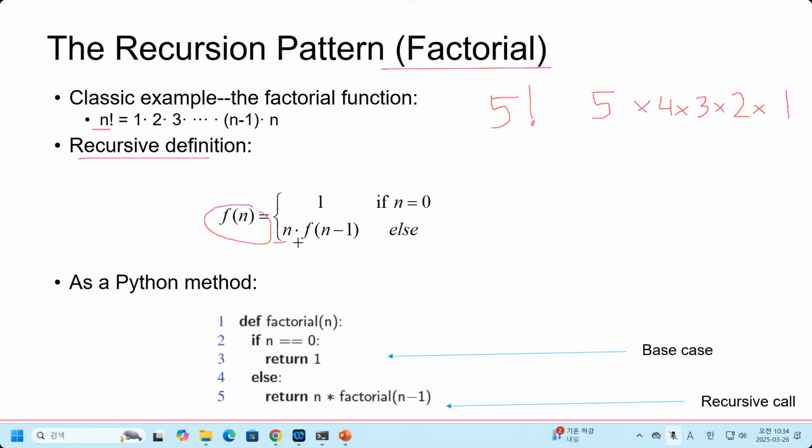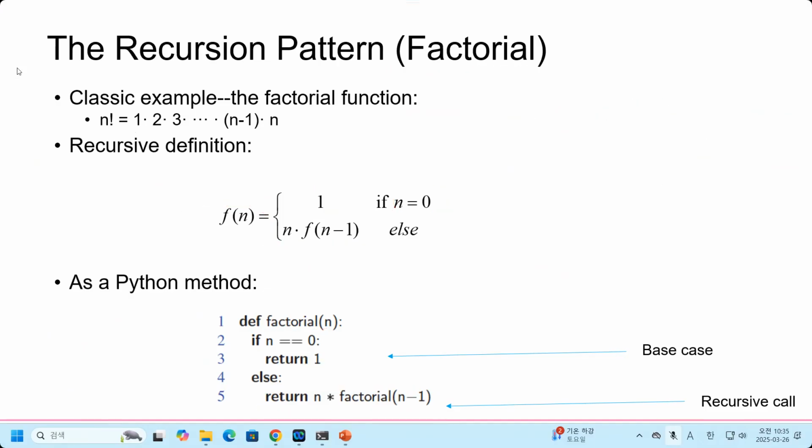It will be n multiplied by Fn minus 1. So it will be 5 multiplied by the factorial of 5 minus 1, and then this one will be multiplied by the next one minus 1, and so on. But when n equals 0, that makes it 1. So factorial is like this. If n equals 0, then it will be 1. This is the base case. If not, then let's calculate this function.